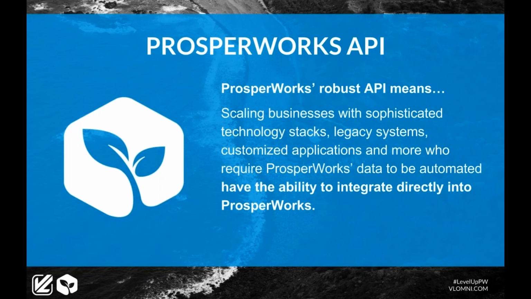When a record is added, changed, or deleted in ProsperWorks, then we can send a notification to another system of the user's choice and let that system know that, hey, there's been an event involving a record here, so that other system can react within a matter of seconds, really, and trigger other processes in those systems or accommodate those changes. And this is a way to keep more than one business system in sync in essentially real time. So within a matter of a few seconds, both systems can be up to date.